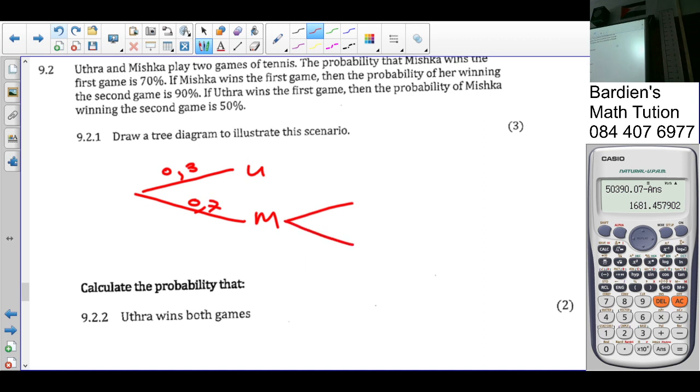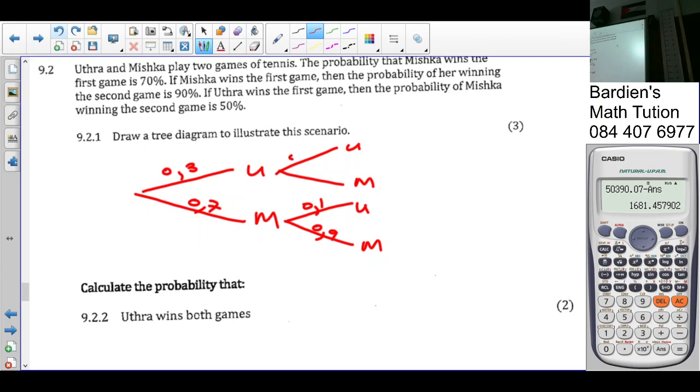If Mishka wins the first game, then the probability of her winning the second game is 90%. So that's 0.9. Not so? You know what's the probability of Udra winning? 0.1. If Udra wins the first game, you're dealing with that branch. Then the probability of Mishka winning the second game is 50%.